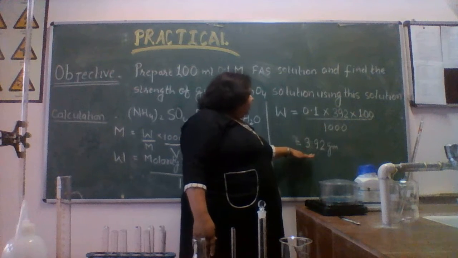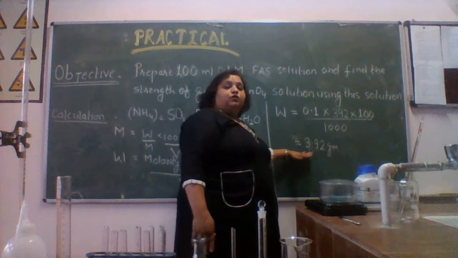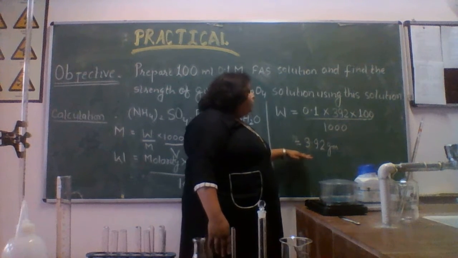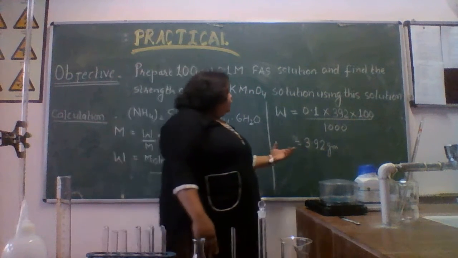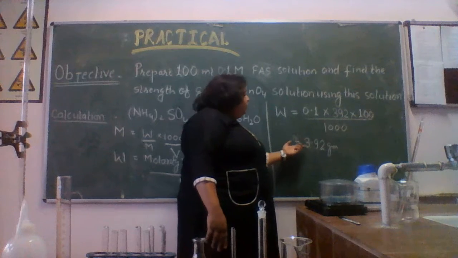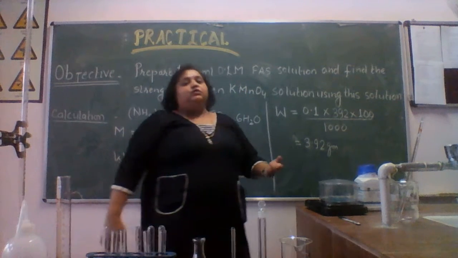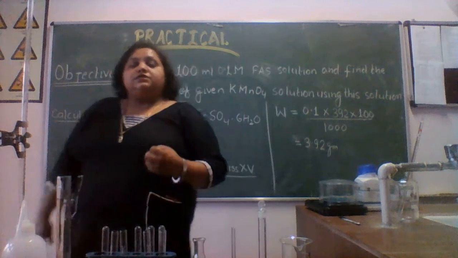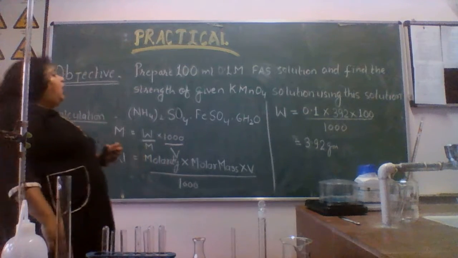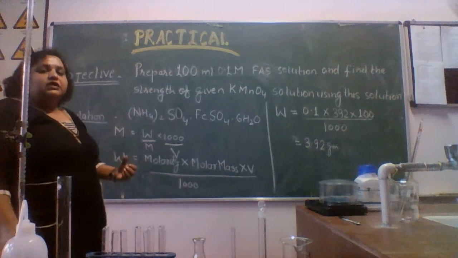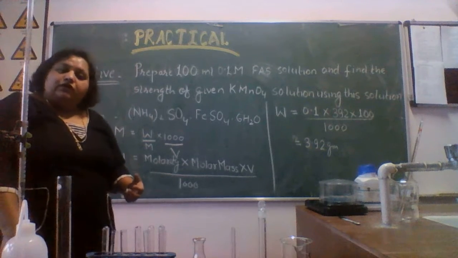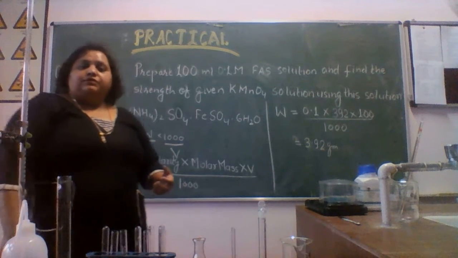So from here I have come to the conclusion of how much solute I require to dissolve in 100 ml of water. This is 3.92 grams. This is the first important part of our experiment, in the case of the preparation of the standard solution.